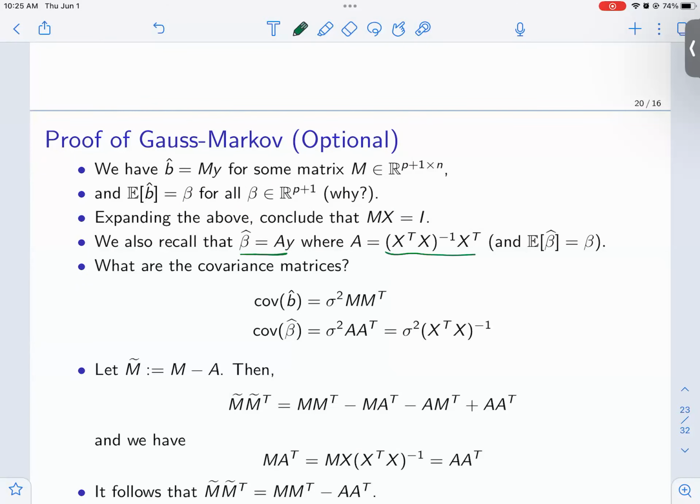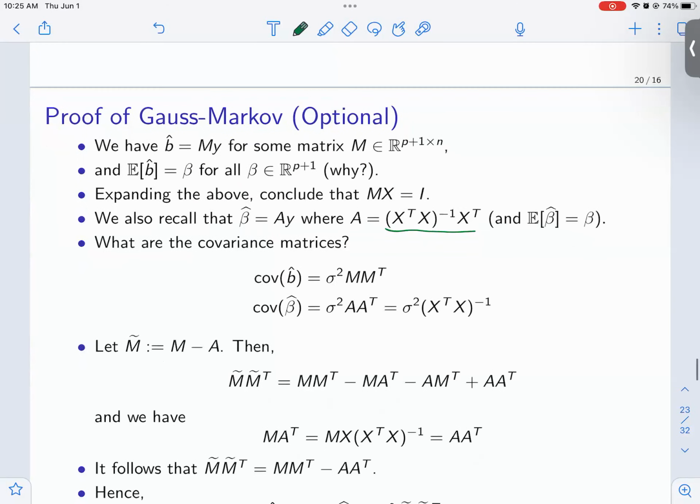Right. So beta hat is A y. So you form M tilde, which is M minus A. So you form M tilde times M tilde transpose. You expand. You get this expression, and M A transpose. Because you plug in MX is I, it will be A A transpose.